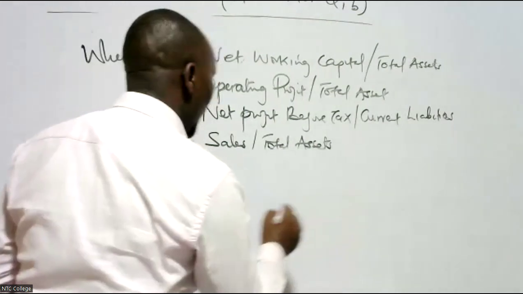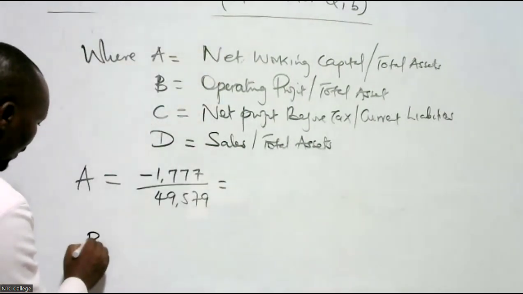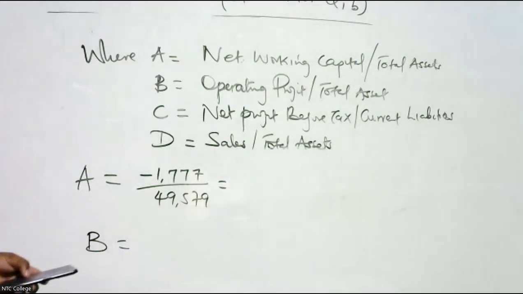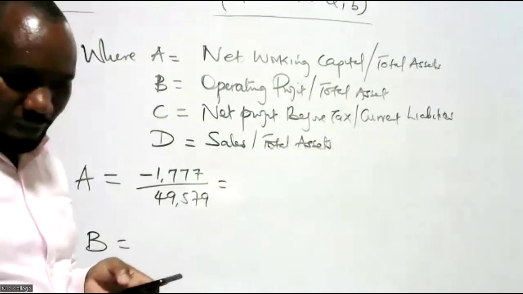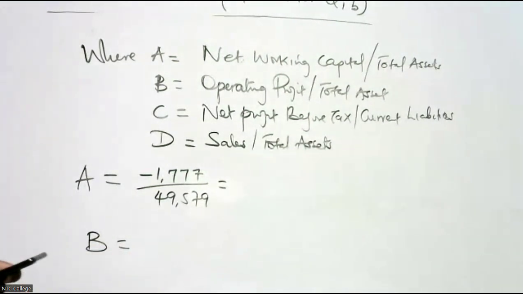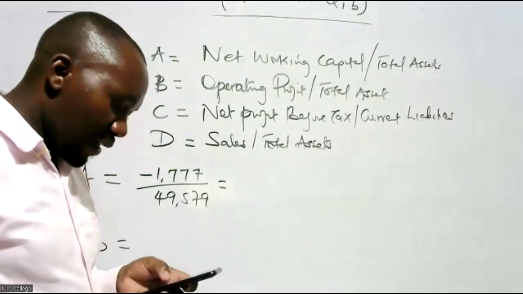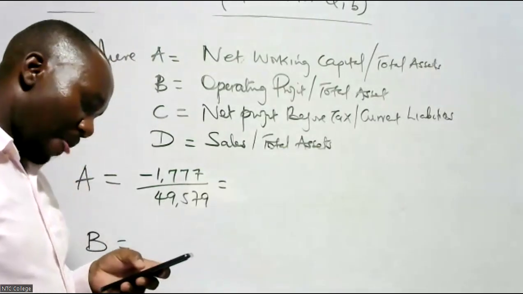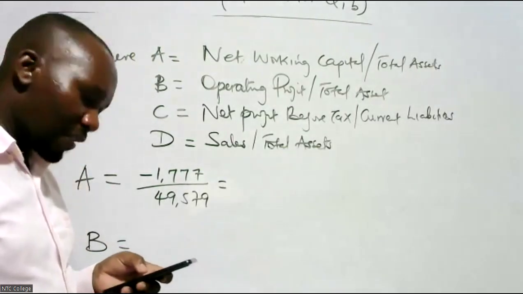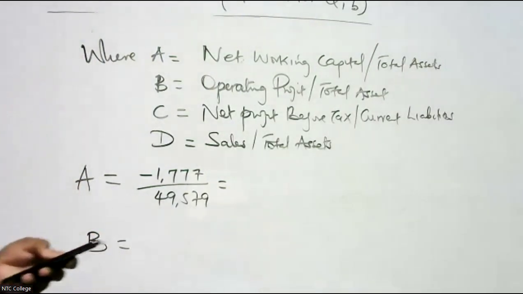Then we have our B. B you can calculate as well. B we are told operating profit. Are we given the operating profit here? What is the value of operating profit? Operating profit, we said that it is the same as EBIT, that is earning before interest and taxes.